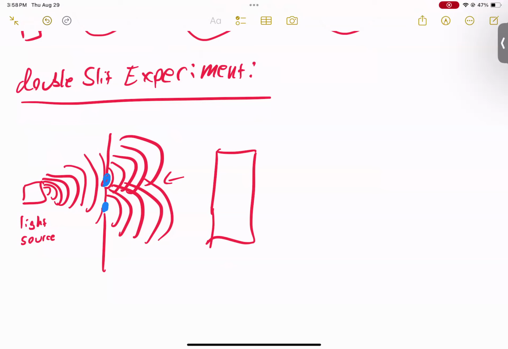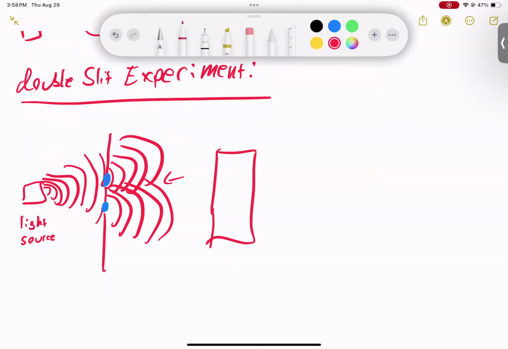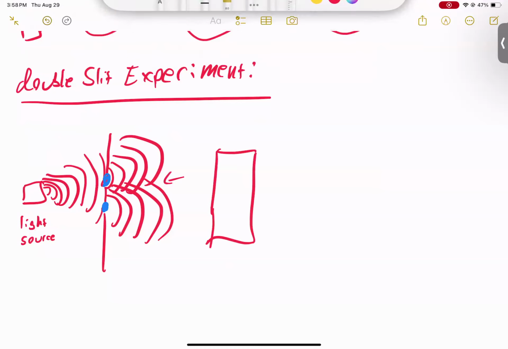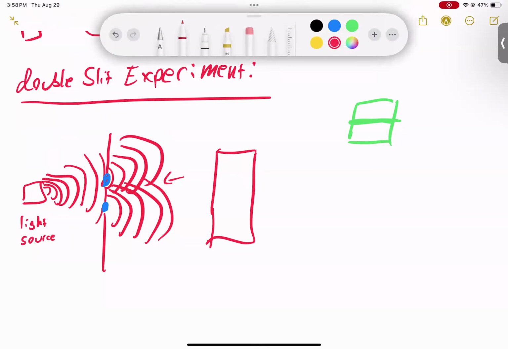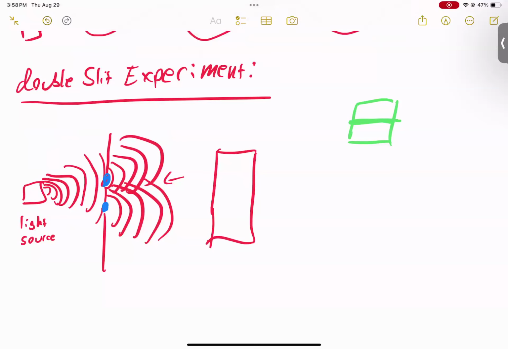Let's just do this in green. Let's say I have this slit over here. If light hits it over here, then it will record it as a mark and we'll be able to see different marks of light. So when it comes to this double slit experiment, once we have these two waves intersecting each other, we get alternating marks of light and darkness.